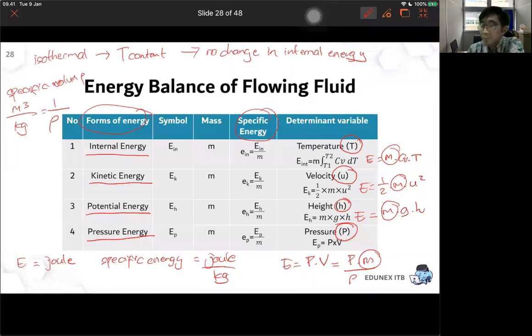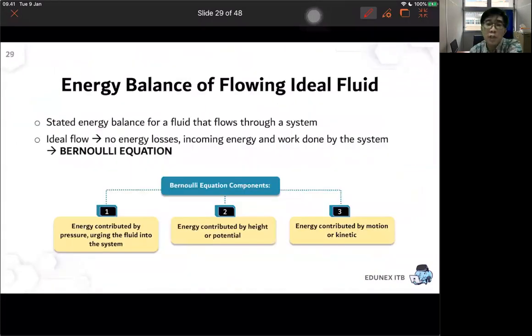So basically, there are 4 types of energy contained by the flowing fluid. For simplification, later we can neglect some types of energy. This is what we call ideal fluid, which is characterized by the Bernoulli equation.